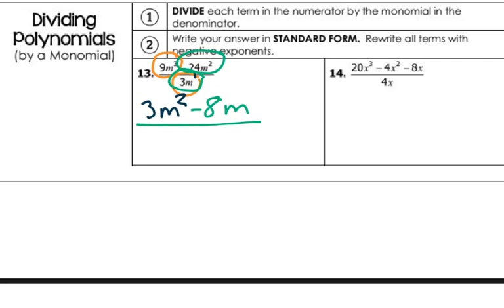So now in 14, try on your own, divide each term in the numerator by the denominator and write the answer. Then unpause the video to check your answer. So the answer is 5x squared minus x minus 2.